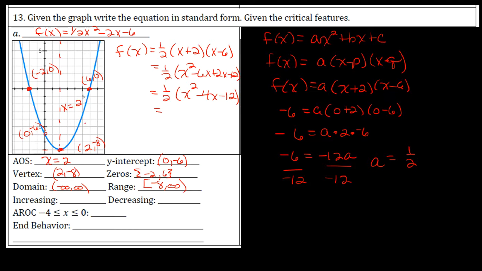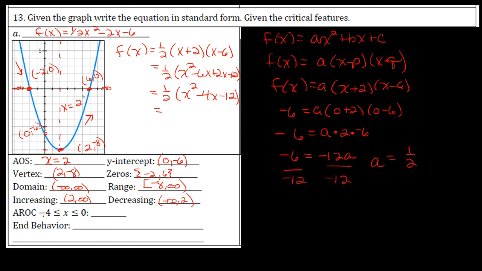This graph is increasing on the right side of your AOS, so from 2 to infinity it is increasing, and from negative infinity up to 2, the graph is decreasing.